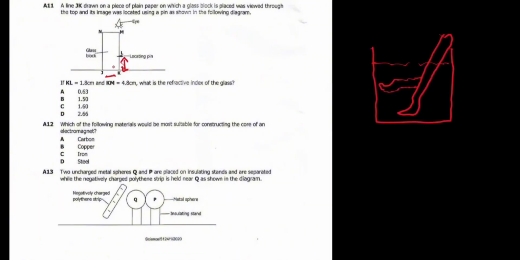This line which was drawn appears to be above, around L. The reason for that is because light is refracting as it moves from one medium to another. So you have the actual position of the image at the bottom. This is what we call the real depth. And you have where you seem to see the position of that particular image at L. That is not the real depth, it is the apparent depth.